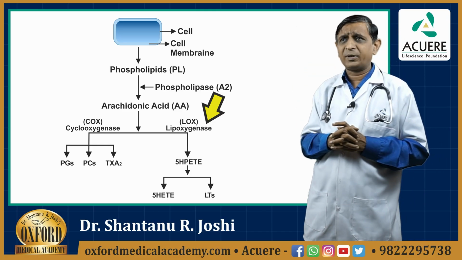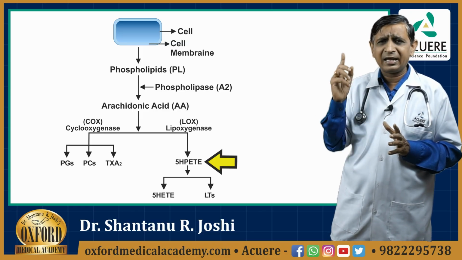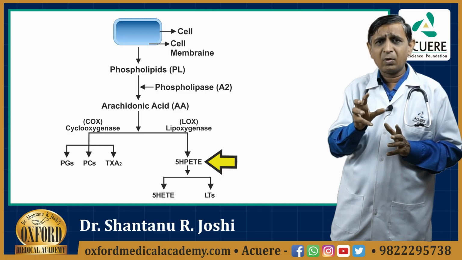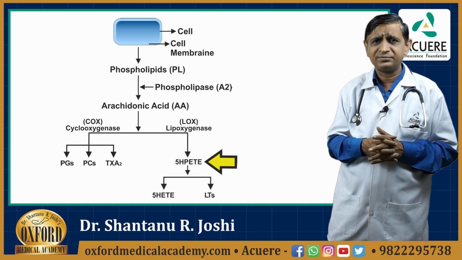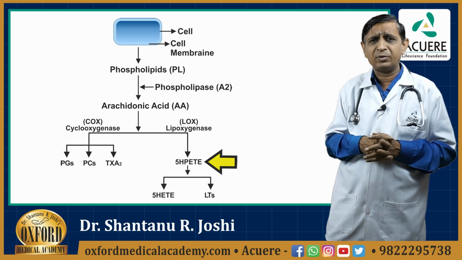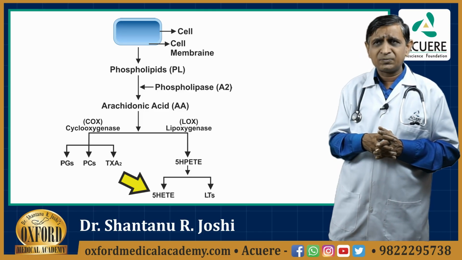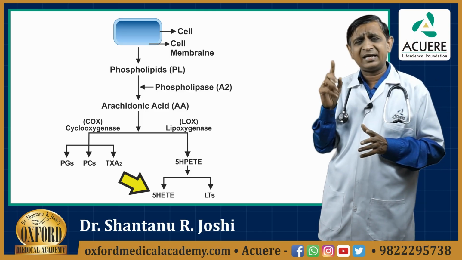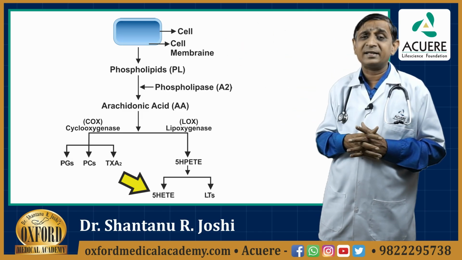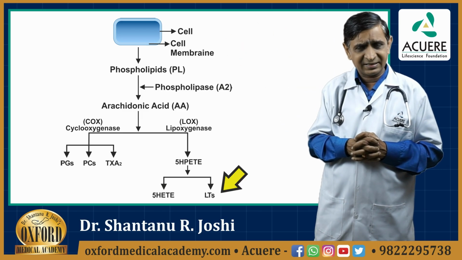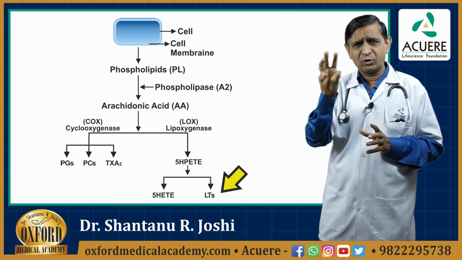The LOX pathway initially will give you 5-HPETE, known as 5-hydroperoxyeicosatetraenoic acid, which is further converted into hydroxyeicosatetraenoic acid, popularly known as 5-HETE. 5-HETE is one metabolite, and another metabolite is leukotrienes, LTs. Different forms of LTs are there, but they are popularly known as leukotrienes as a group.